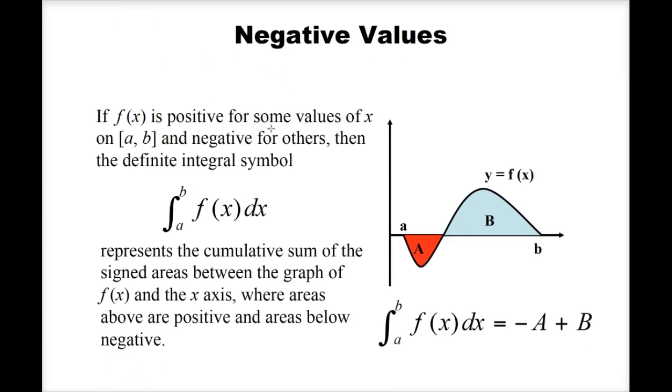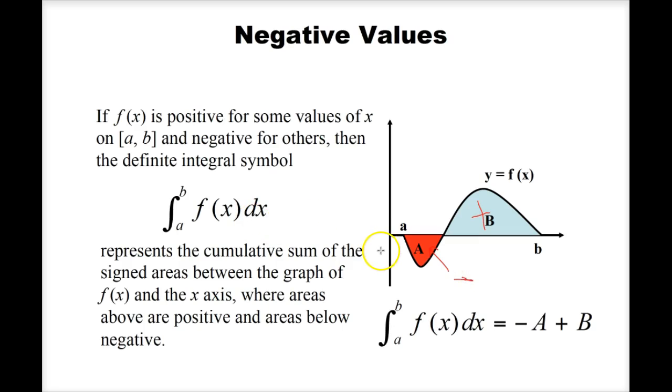So what we see here is that whenever we talk about interpreting the area under a curve for a definite integral, we are specifically talking about the area from wherever the curve is to the x-axis. We interpret the area that is above the x-axis to be positive, and if that area lies below the x-axis, then it is negative.